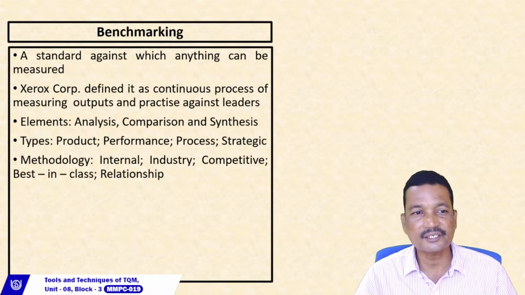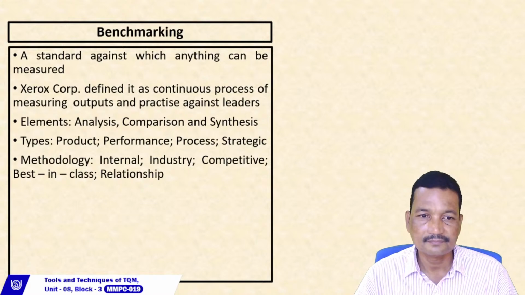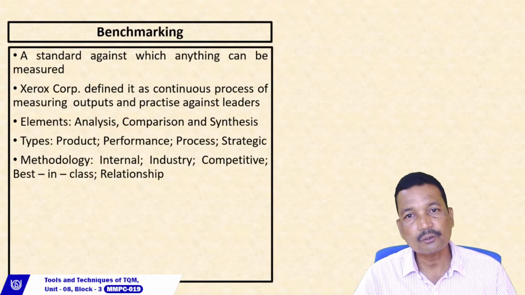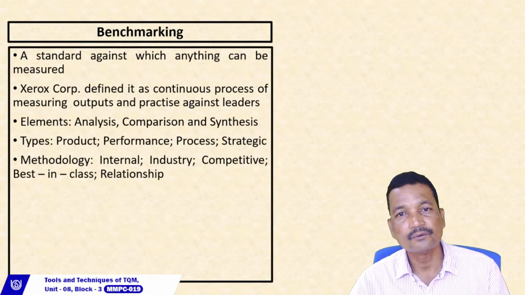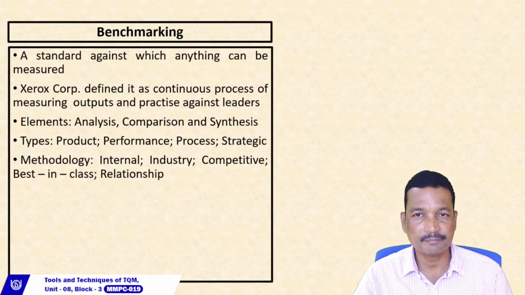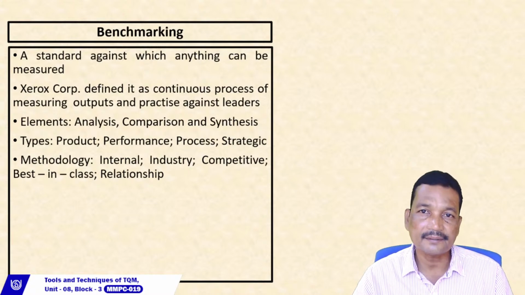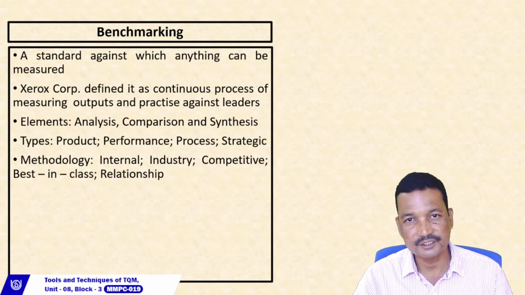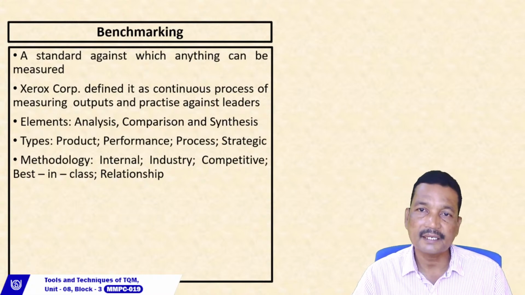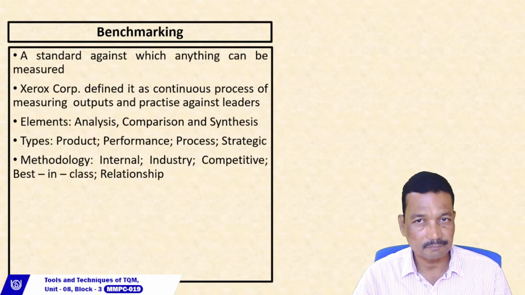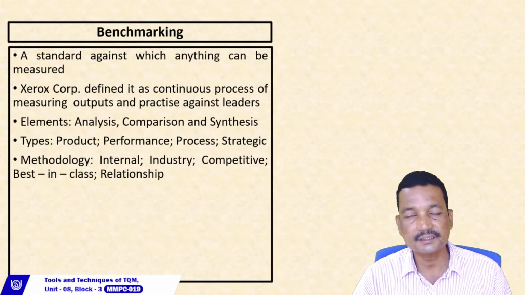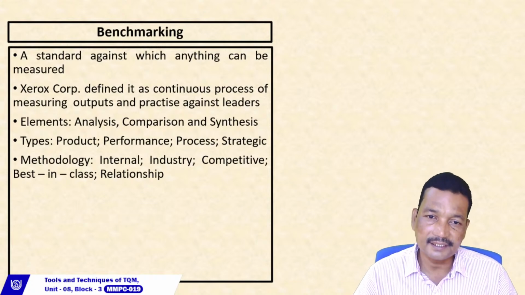Last is the strategic. When we are talking of strategic, we are talking of the long-term benchmarking. That means leaders will always be trying to maintain their top position. So they will be continuously improving their product, the product's performance, the process which is creating the products.